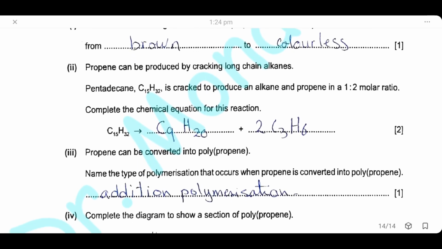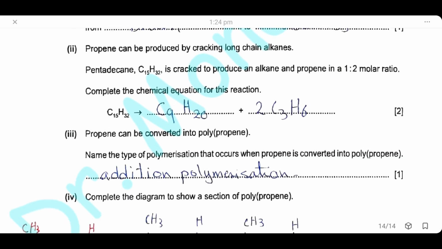Propene can be produced by cracking of long chain alkane. Pentadecane, which has 15 carbons, is cracked to produce alkane and propene in a 1 to 2 molar ratio. Here we have to use this ratio to balance the equation.